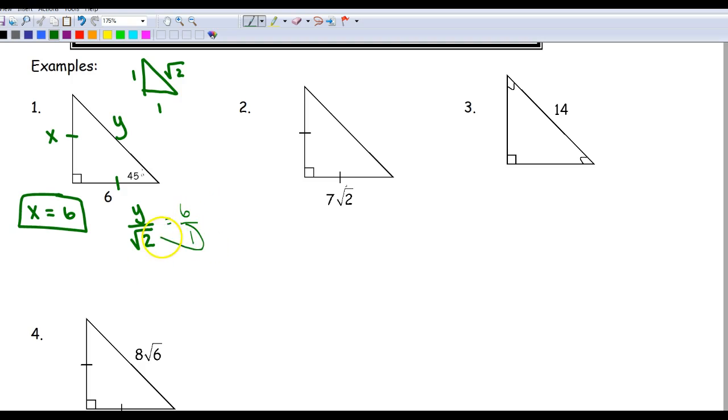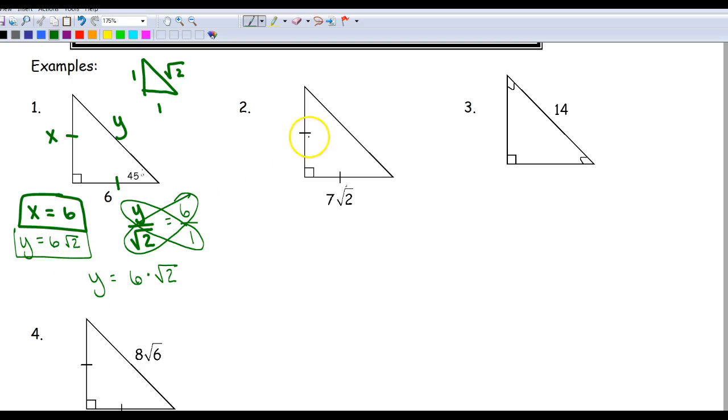So we end up with Y times 1, or Y. And on the other side we're going to be doing 6 times root 2. You cannot multiply the 6 and the 2 and say 12, because the 6 is outside of a root and the 2 is under a root. So the only thing you can do is squish them together. So Y is going to be 6 root 2. And that's it. You're done with your answer.